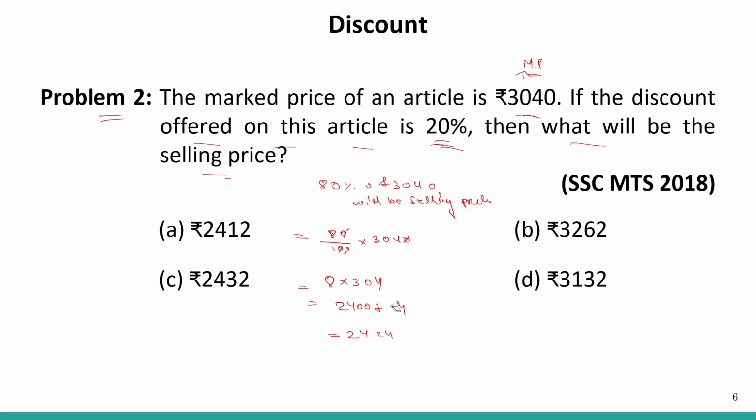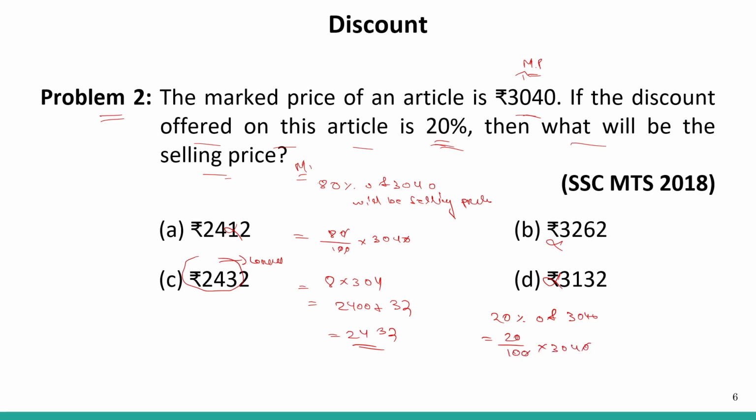So option C is correct here. A, B and D are all wrong. There is an alternative method; this was method 1. What we can also do is evaluate the discount first. 20% of 3040 is equal to 20 by 100 into 3040.